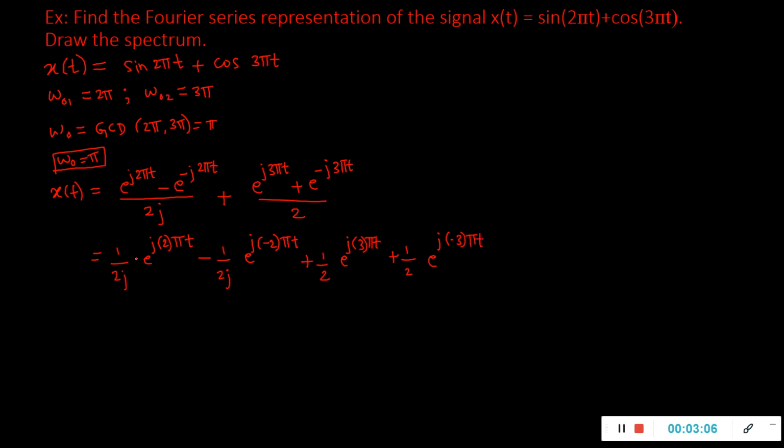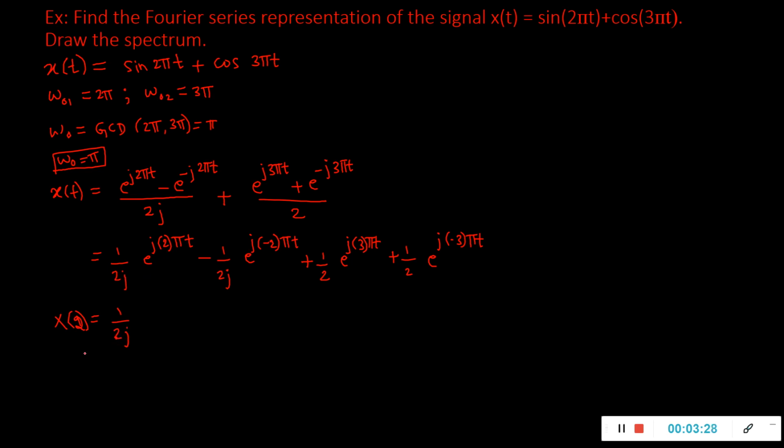Now, if you compare this equation with the synthesis equation, these are the different values of k: k is equal to 2, minus 2, 3 and minus 3, and these are the coefficients. So comparing with the synthesis equation, we have x of 2 equal to 1 by 2j, as indicated here.